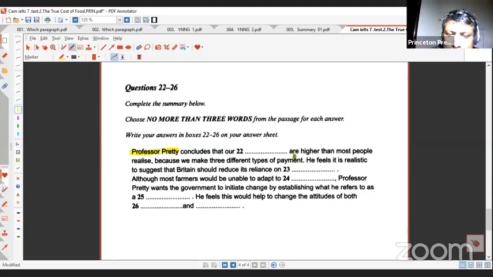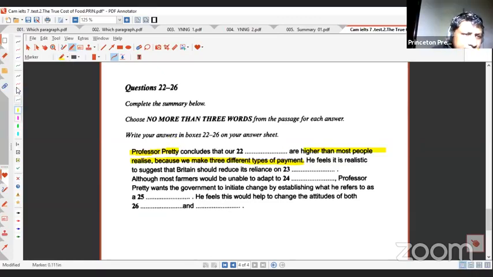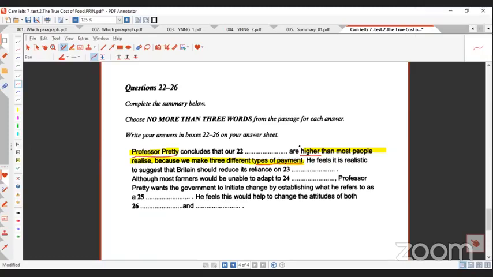Professor Pretty concludes that our something are higher than most people realize because we make 3 different types of payment. So here, what should be there in the answer we are looking for? Professor Pretty should be there, and I think higher and payments. So these are the keywords.